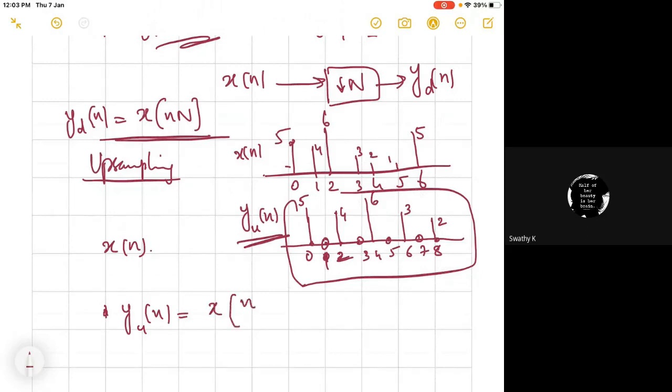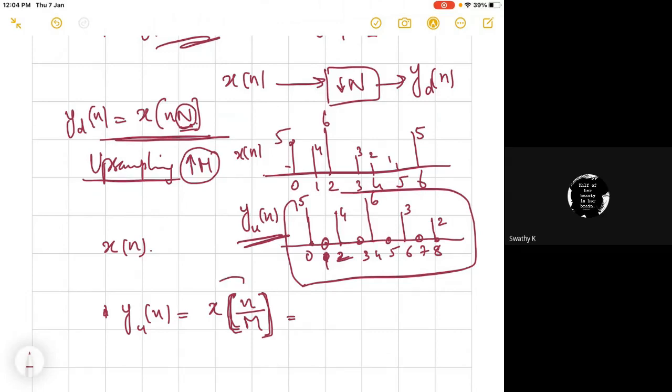Can it be x of n by m, if m is the upsampling rate? Here you had the downsampling effect of n. So let us assume that upsampling is by a factor of m. You need to upsample the signal by a factor of m, so you represent it by x of n by m.